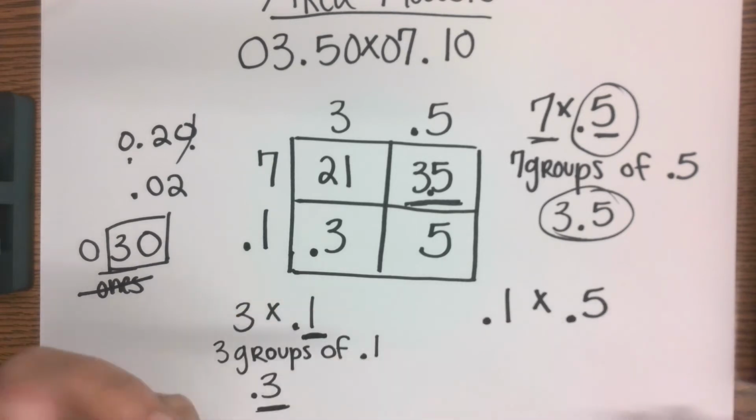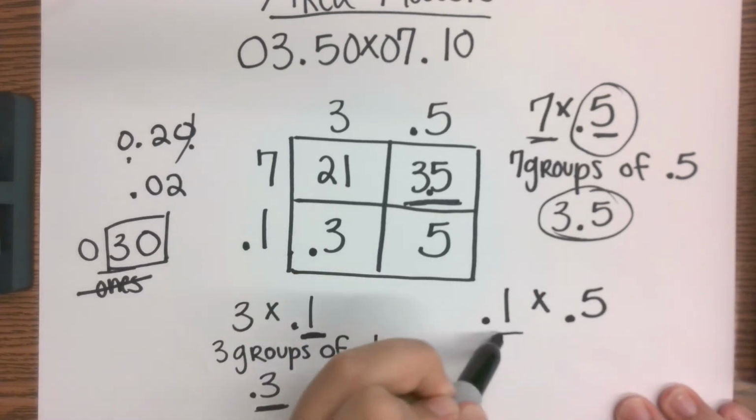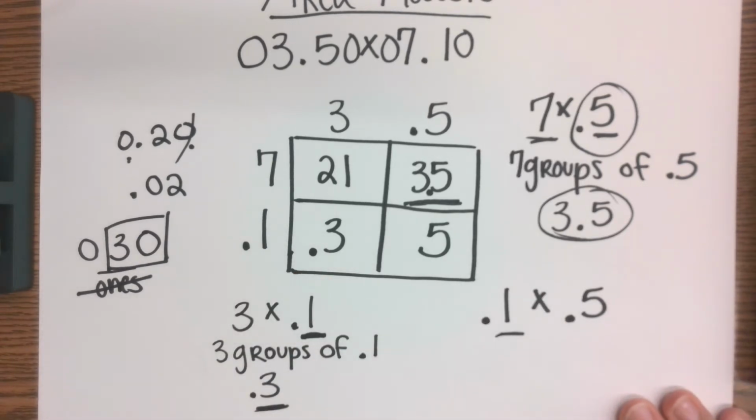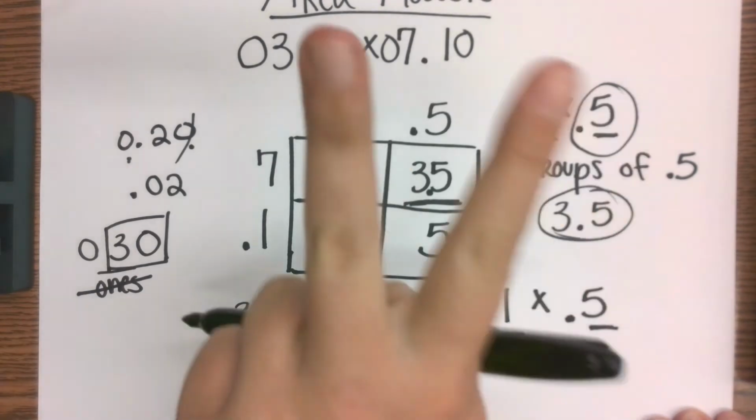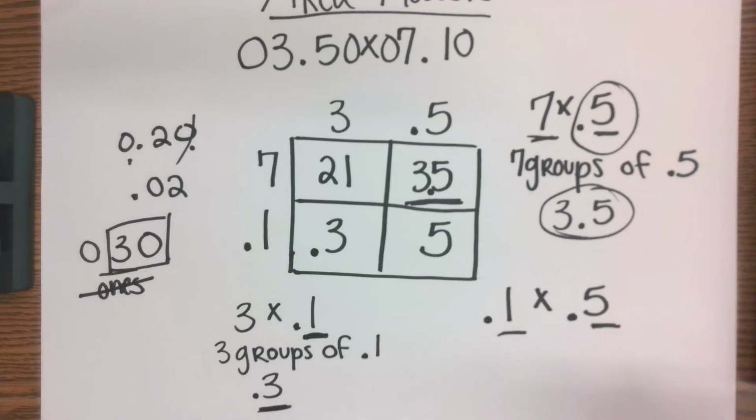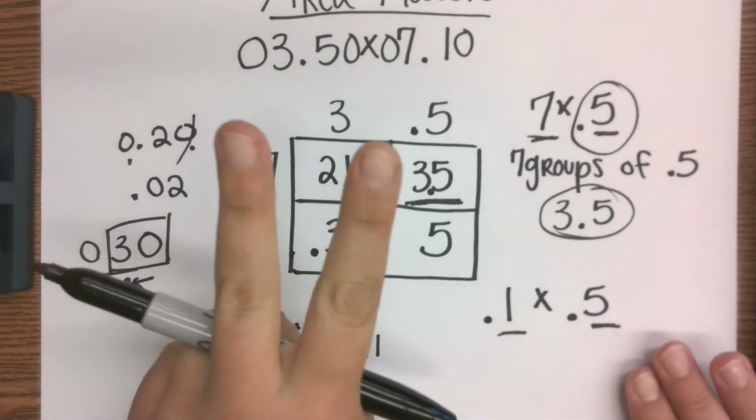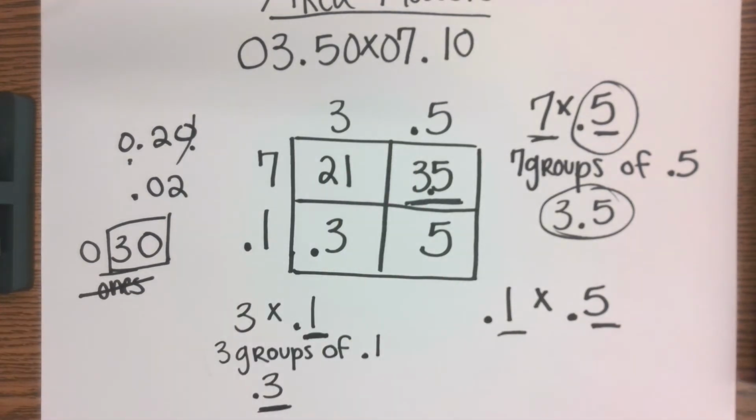We have one place behind our decimal here and one place behind our decimal here, which means we have 2 total places behind our decimal that have value. That means in our answer, we need to have 2 total places behind our decimal that has value.